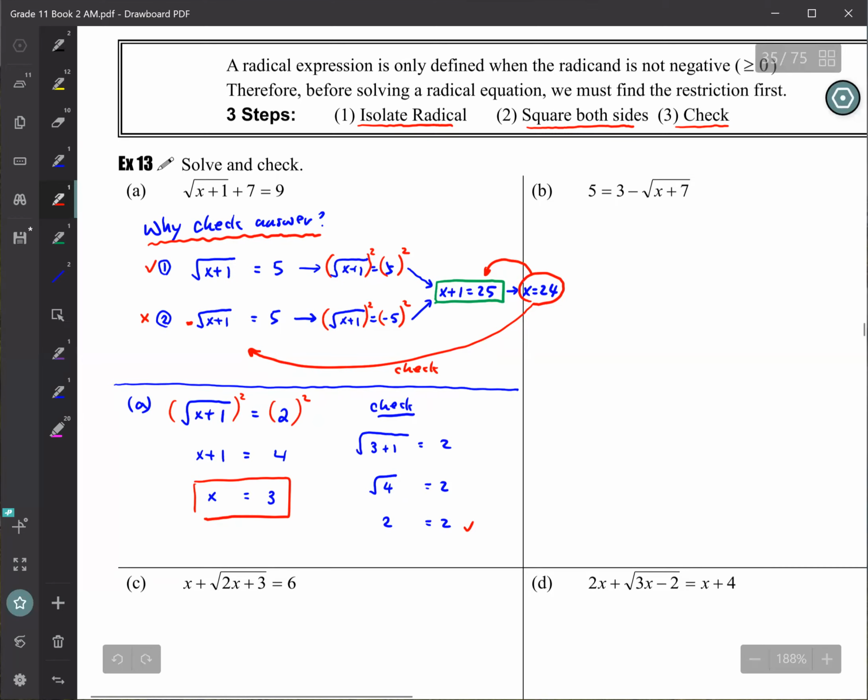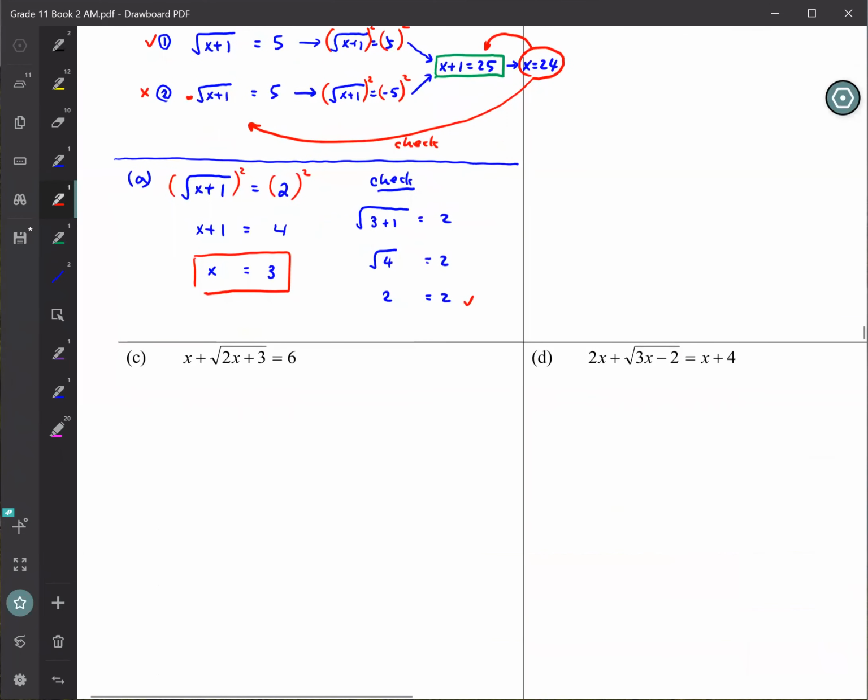So let's look at C now. So question C, we'll start by isolating, right? So let's isolate the radical. Radical is right here. So square root of 2x plus 3. We move the x to the other side, so it'll be, sorry, 6 minus x, right?